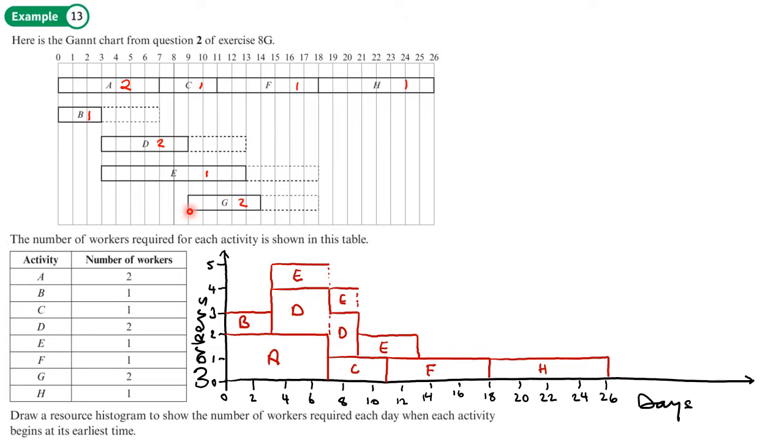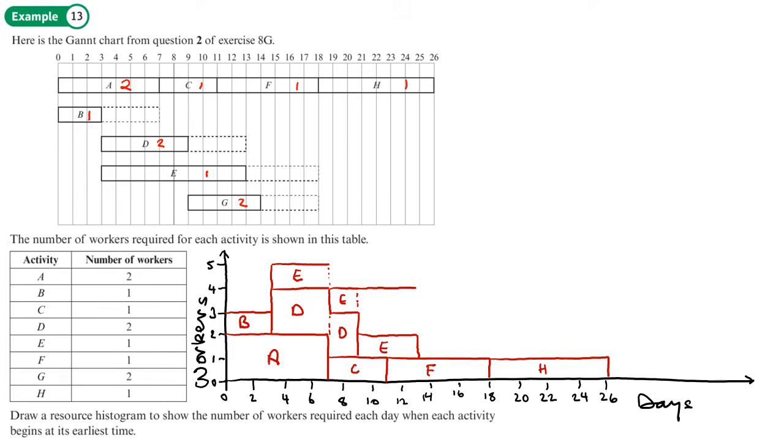Then lastly, activity G, that requires 2 workers, and that's going to start at 9. So it's going to start here. So we need to show 2 workers on top, like this. And activity G needs to go all the way across to 14.